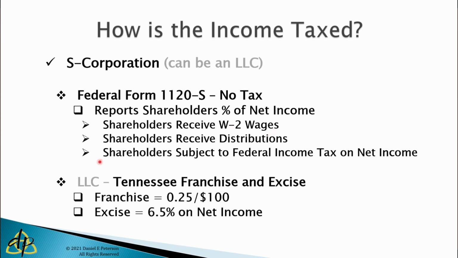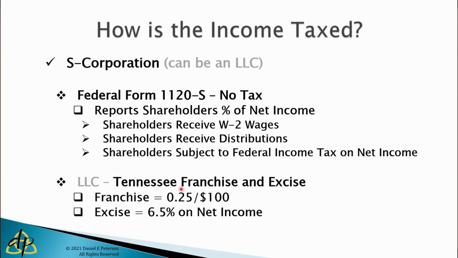The distinction here between our sole proprietors and our partnerships is that our S corporation shareholders' pass-through income, their percentage of the net income, is subject to federal income tax. It is not subject to Social Security Medicare tax, that self-employment tax piece that we referred to earlier. So that is one distinction within the S corporation world, that you get to avoid that self-employment tax on that profit that passes through from the S corporation.